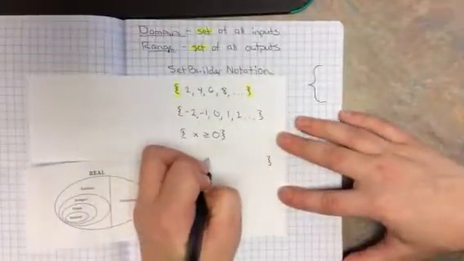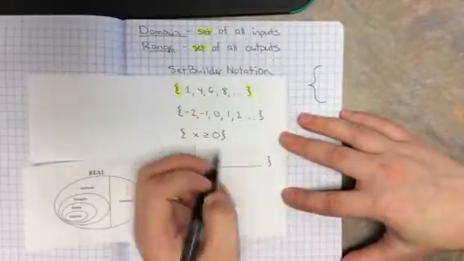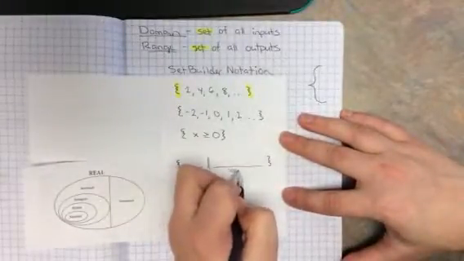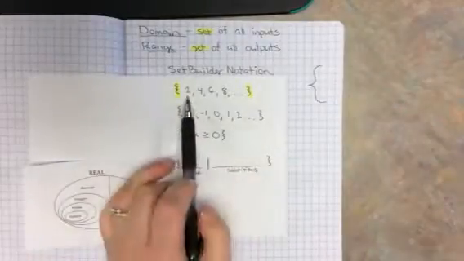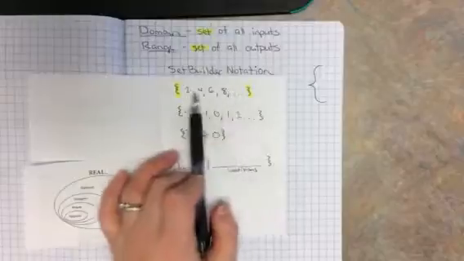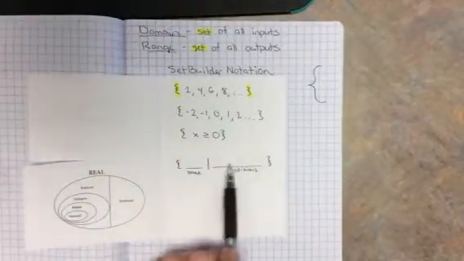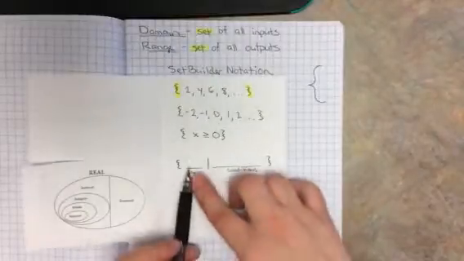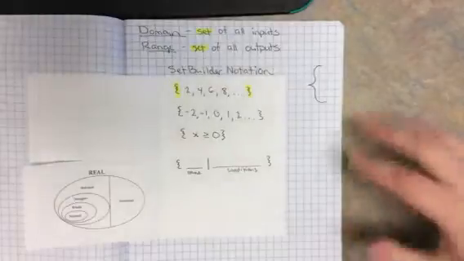And then you'll see this vertical bar. On the other side of that bar, you'll see all of the conditions or restrictions. Like on our first one, our restriction is that we're only doing even numbers. So this is what I'm calling it, and this is the rules for what numbers are included in that group of numbers.